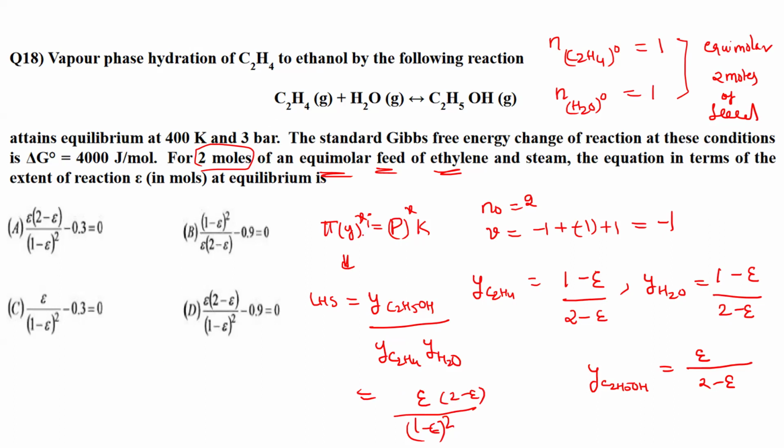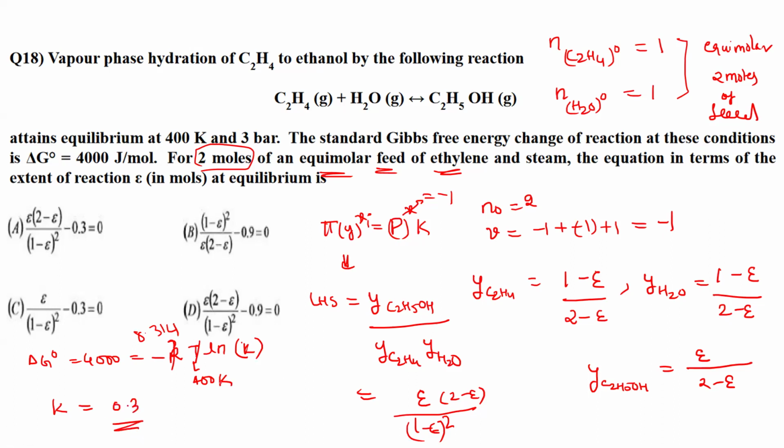Coming to the RHS, this is equal to minus 1. What is the K? So we here know delta G naught is equal to 4000 equal to minus RT ln K. Okay, this T is equal to 400 Kelvin. If you solve this, R is equal to 8.314, then you will get K equals 0.3.